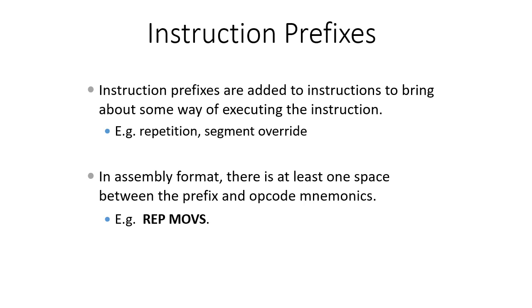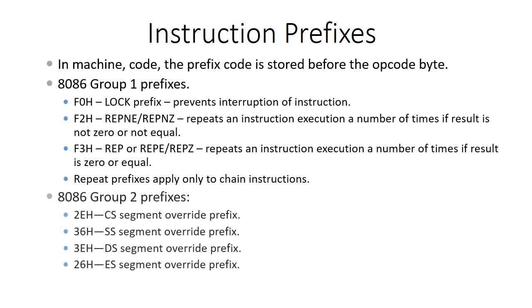In assembly format, prefixes are represented using symbols, and these symbols are placed before the opcode mnemonic. There should be at least one space between the prefix symbol and the opcode mnemonic. We have an example shown on the slide. In machine code, the prefixes are encoded into some specific values. The prefix codes are placed before the opcode byte.